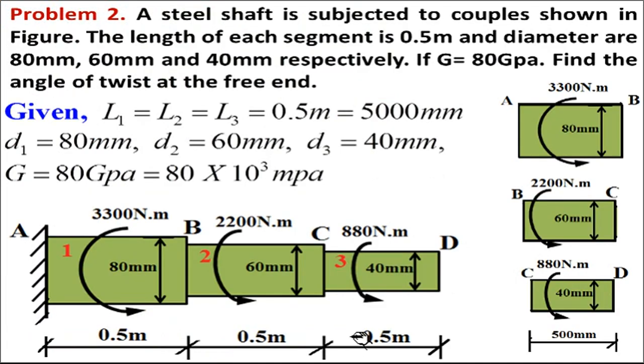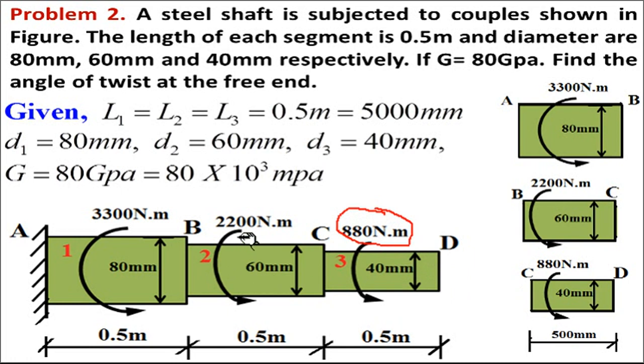Now see the second problem. Here also the shaft is in series, but observe that three different torques are acting. In this type of shaft, T will not be the same in each section. Whenever only one torque is acting, that will be the same in all the shafts. But here the torque on the first is 880, meaning this particular section is subjected to 880 Newton meter torque.